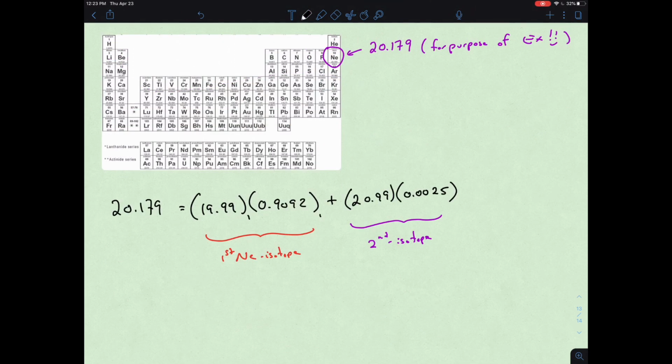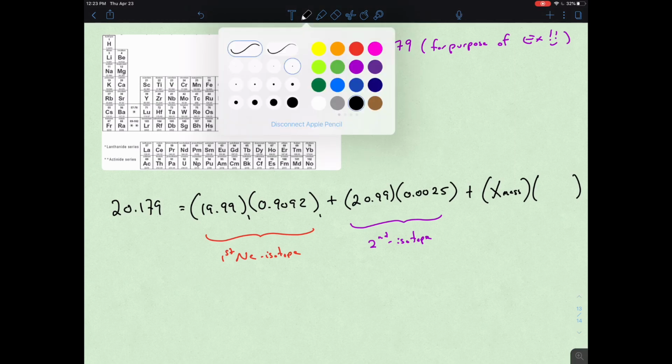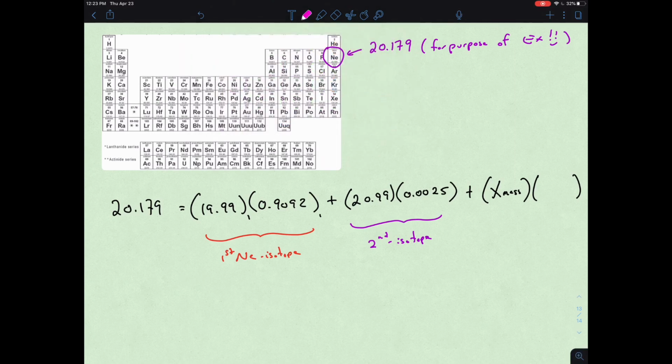And here is where we get at our mass. As far as the mass, we have our percentage, or really our fraction, which is going to come from the difference of those percentages. We have a total of 100%.